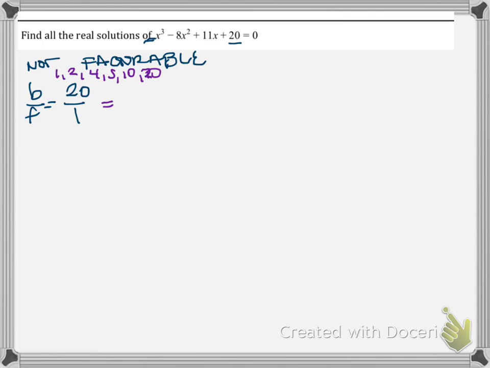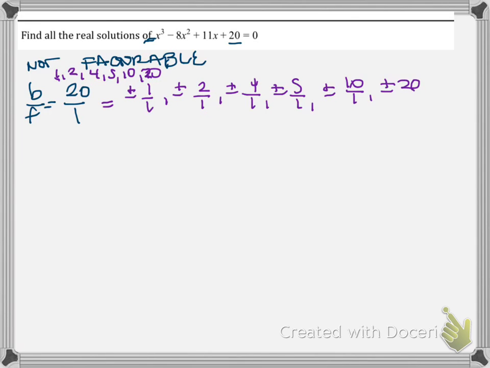And then 1 is just 1. So the possible roots that we could try for this polynomial equation is plus or minus 1 over 1, plus or minus 2 over 1, plus or minus 4 over 1, plus or minus 5 over 1, plus or minus 10 over 1, and plus or minus 20 over 1. So any of these could be a solution to this equation.